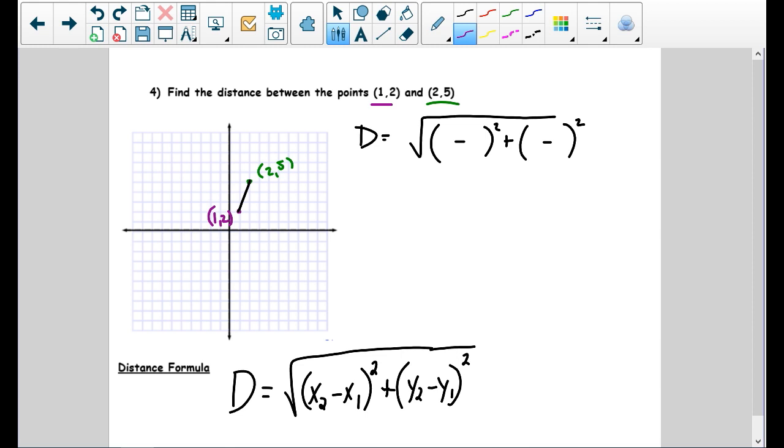Same thing second. I like for you to have this set up so I can take 1 point, 1, 2, and plug it in the front of both sets of parentheses. Then I'm going to take my second point, 2, 5, and plug it in the back of the parentheses. So you can see it real nice and neat there, color coded. 1, 2 in the fronts, 2, 5 in the back.